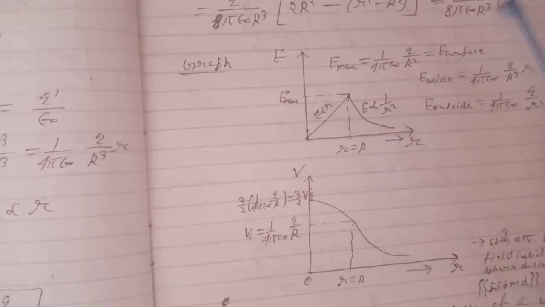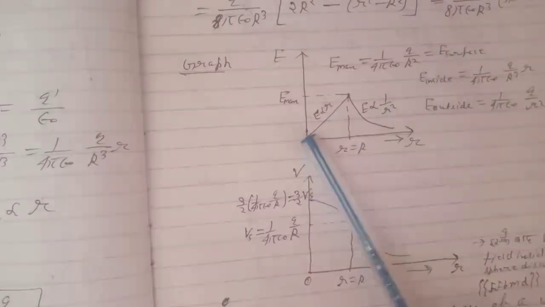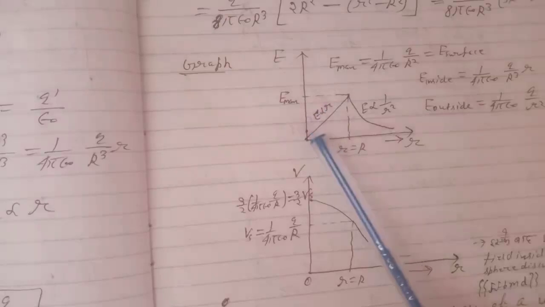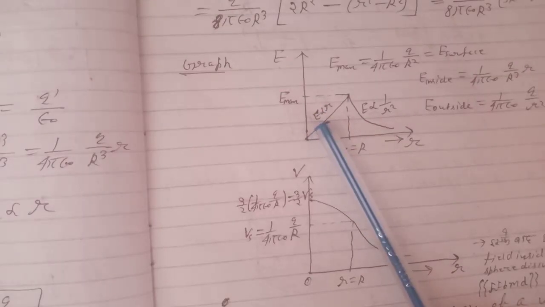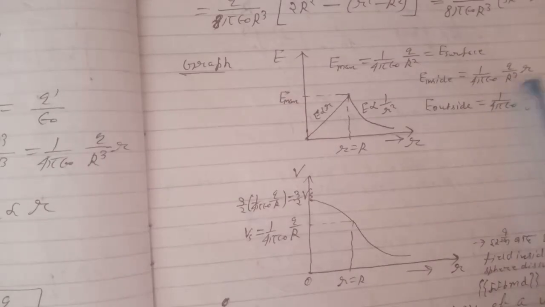Now from the graph it can be shown. For the electric field we see that inside, E inside is 1 by 4 pi epsilon naught q by R cube into r.